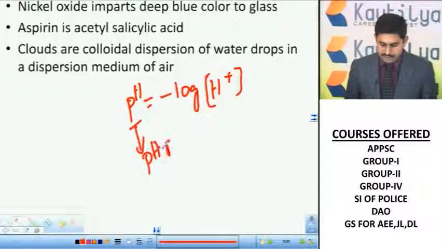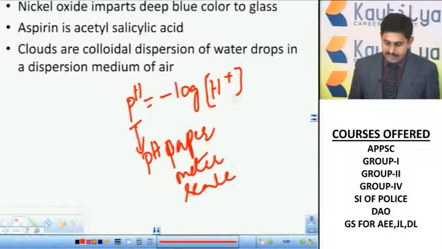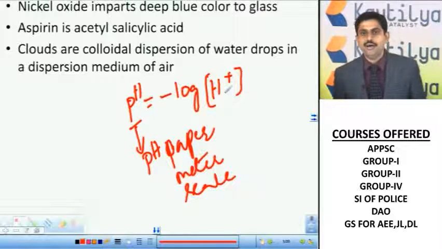We have a pH meter and we have a pH scale. So if you determine the pH directly, we can say whether the given solution is acidic or basic in nature.